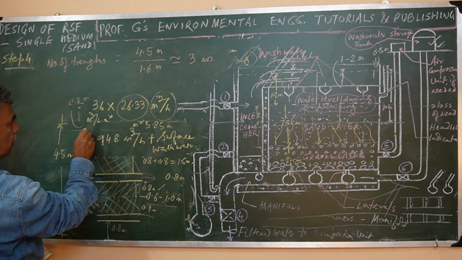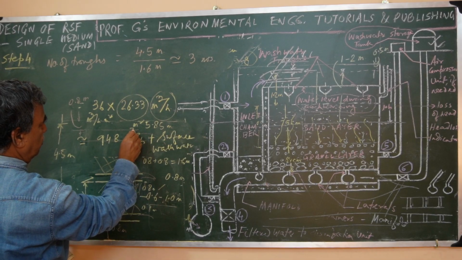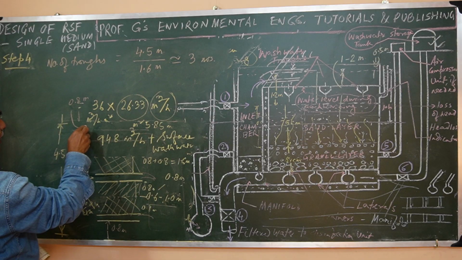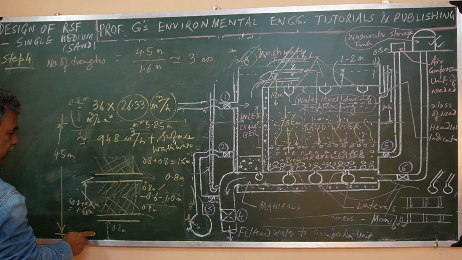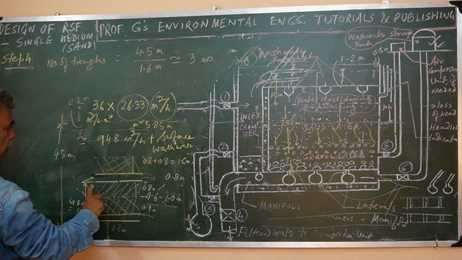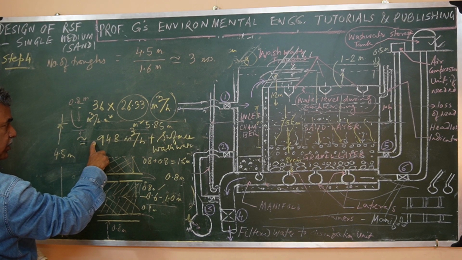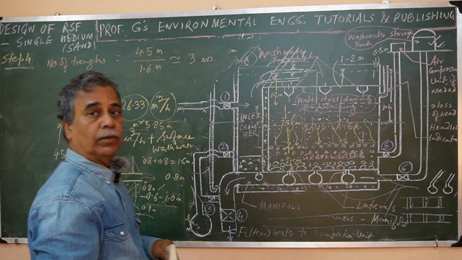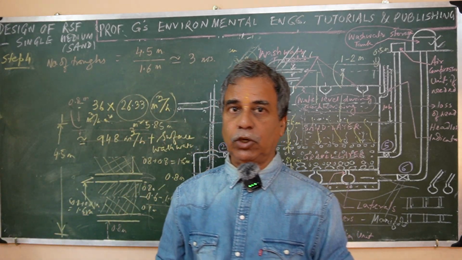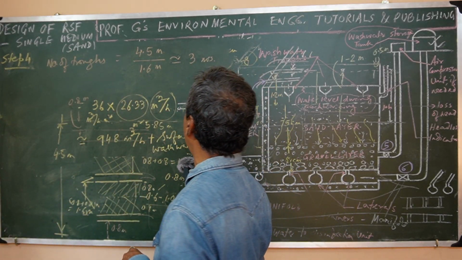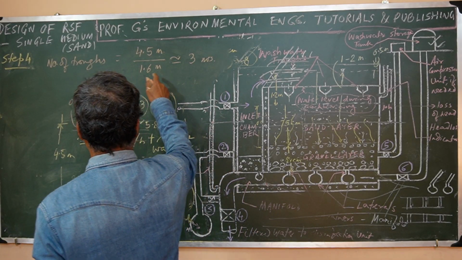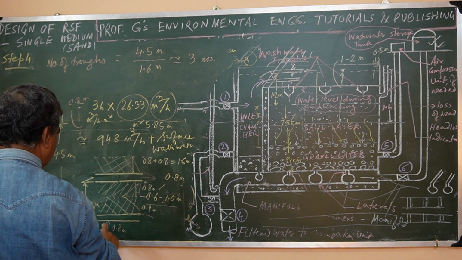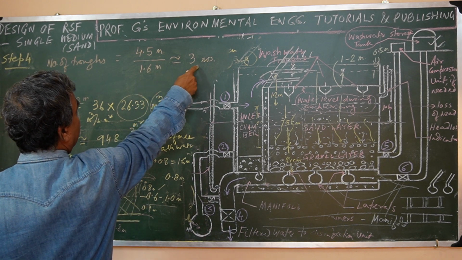If I give a little more visibility, 0.8 meter, 0.8 meter, so 1.6, 1.6, 1.6, making this 4.5 or so, more or less. Clear? So here 1.5, so this is 0.75, 1.5, 1.5 and 0.75, if we make these three or so.